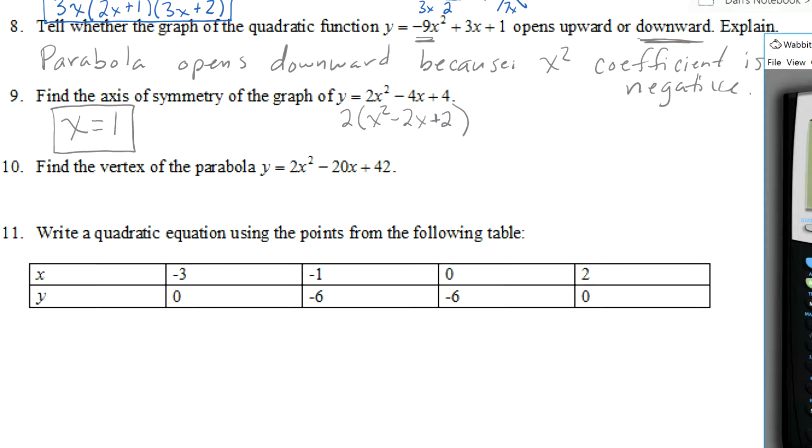We could also use the quadratic formula, or negative b over 2a.